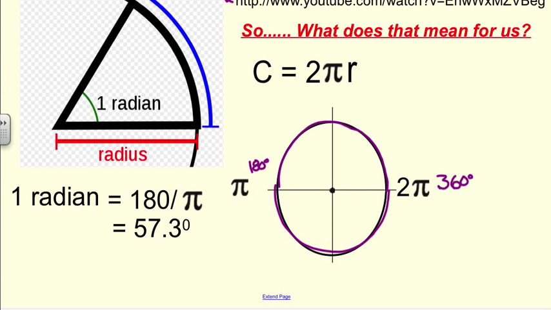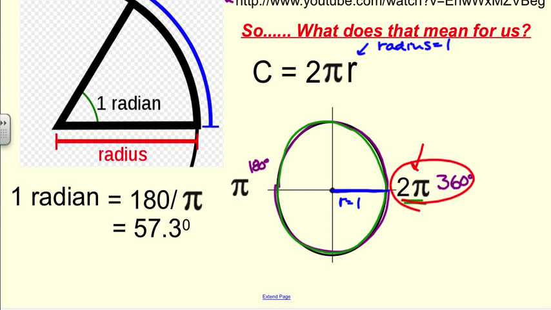If we think about this in radian measure, if my radius is 1 unit, you're going to hear a lot about the radius being 1 unit when we get to unit circle. The circumference around that circle is 2 pi r, radius being 1. So if we go all the way around that circle with a radius of 1, the angle measure would be 2 pi. So 2 pi and 360 degrees equal each other.